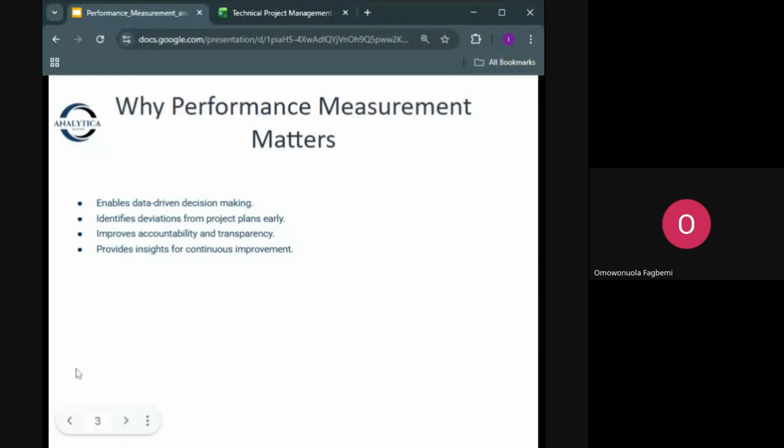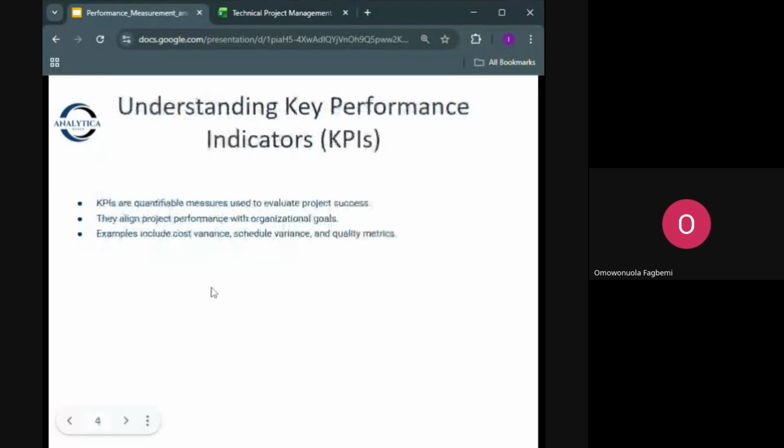So let's go to the next slide, which is understanding key performance indicators. KPIs are quantifiable measurements, and they tell us if we are hitting our project objectives. Think of them like your blood pressure or your heartbeat. Indicators that show the project's condition.